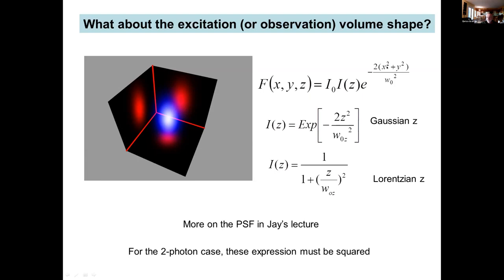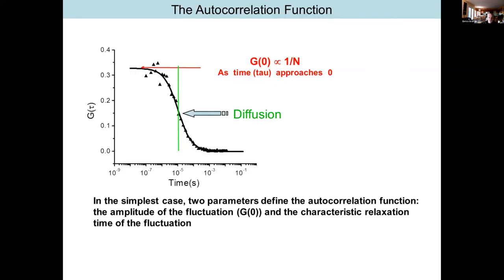This is called the Gaussian approximation of the volume of excitation, which of course is not a Gaussian, but is an Airy function, so it has peaks and bands, and is substantially different from a Lorentzian, a function that you obtain with two photon excitation. So that makes a very large difference.